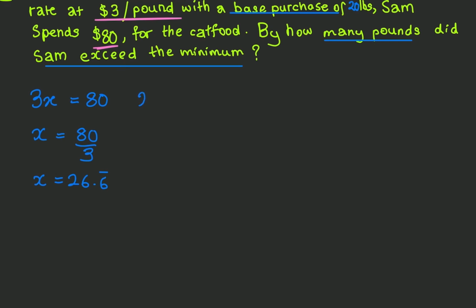So that's 26.6 bar subtracted by the minimum weight. So that is 20 pounds, and that gives us 6.6 pounds. So this is how many pounds that Sam exceeded by the minimum purchase.